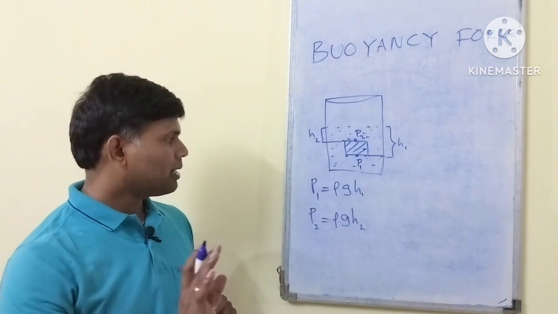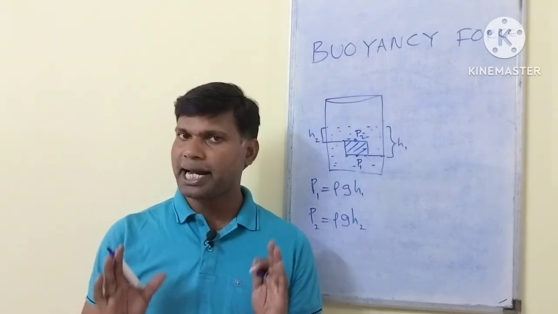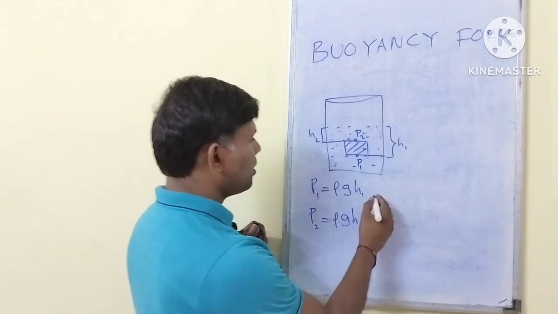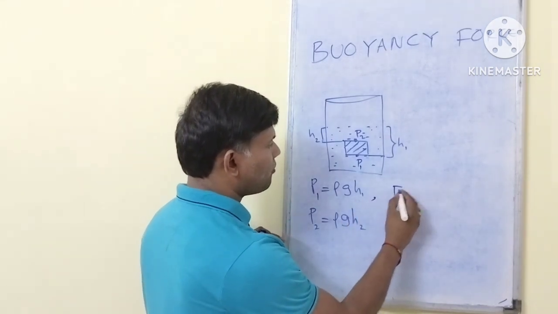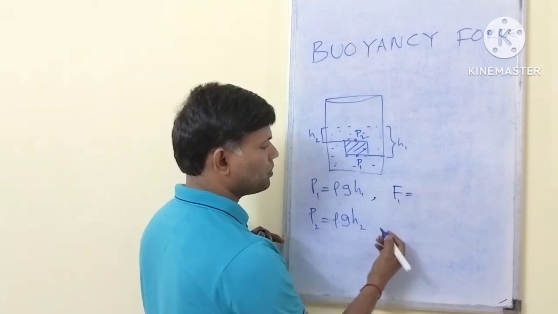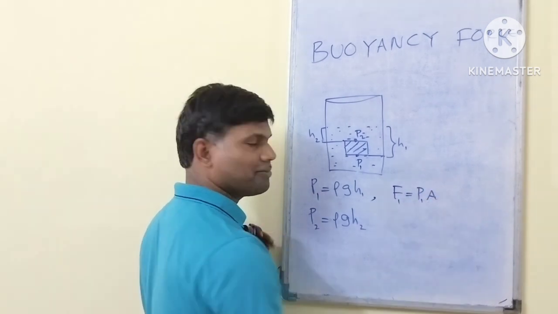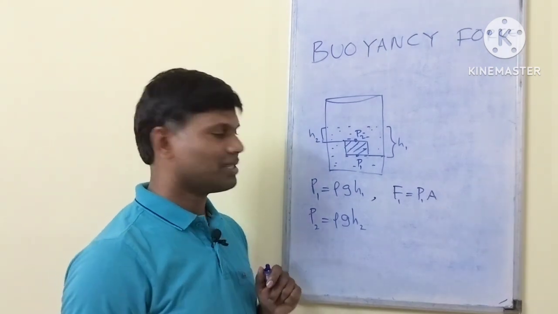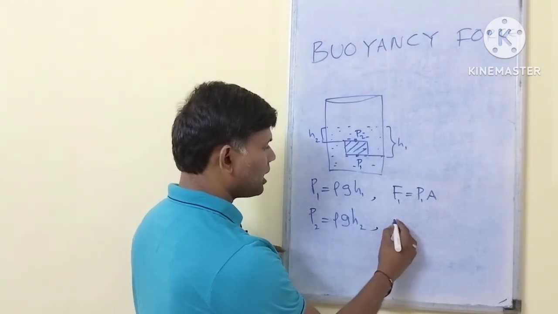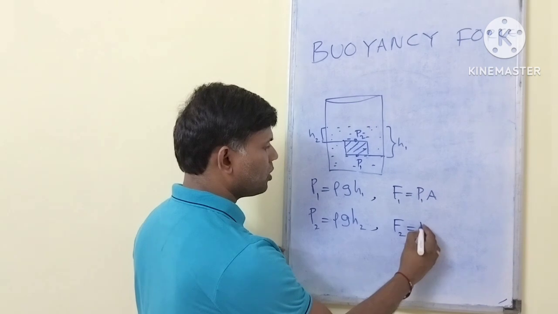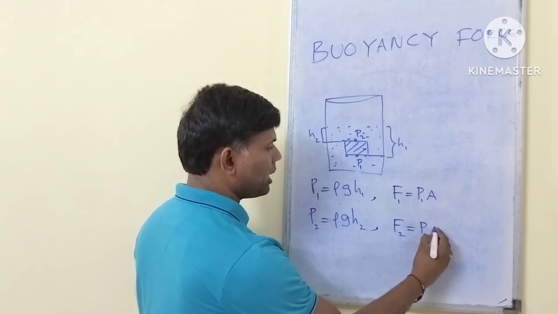Okay? Now the relation between pressure and force. Force F1 is equal to pressure P1 into area. Here force F2 is equal to pressure P2 into area.